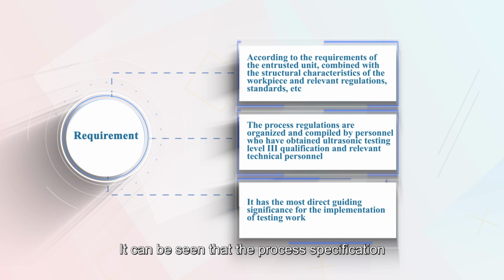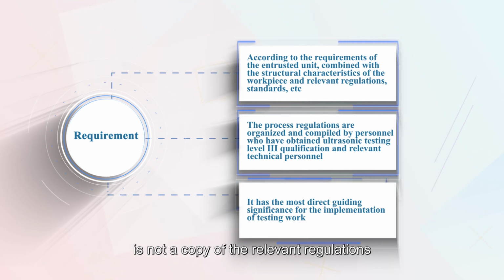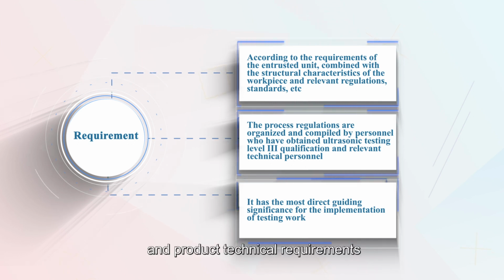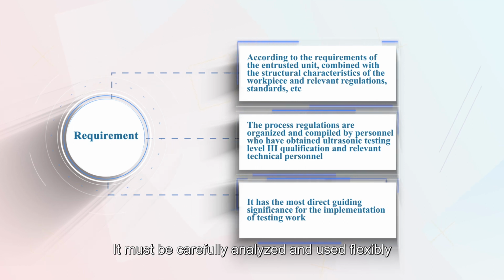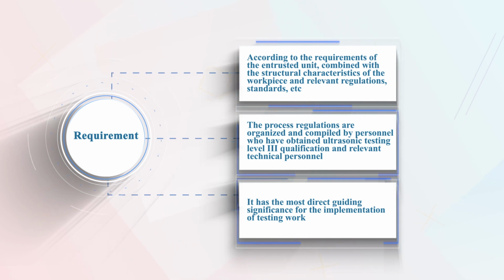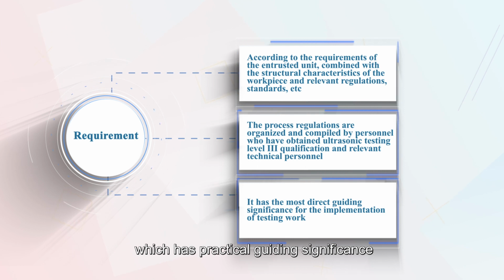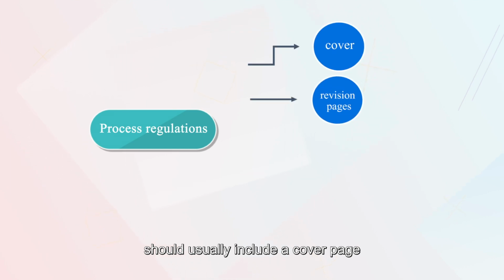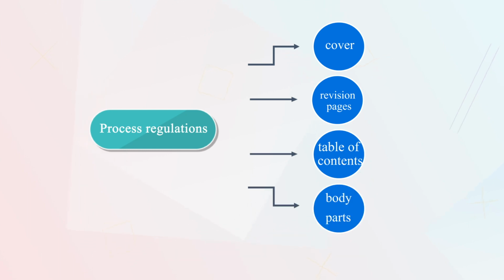It can be seen that the process specification is not a copy of the relevant regulations, standards, and the product technical requirements. It must be carefully analyzed and used flexibly in combination with the structural characteristics of the workpiece, which has practical guiding significance. A complete process specification should usually include the cover page, revision pages, table of contents and body parts.